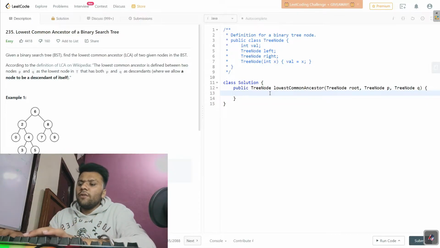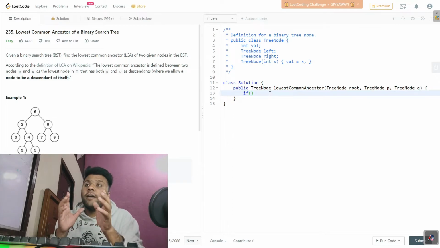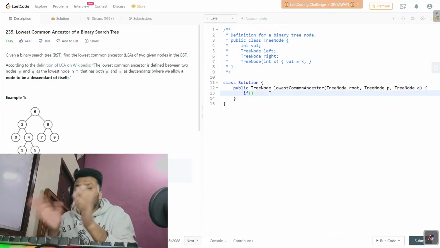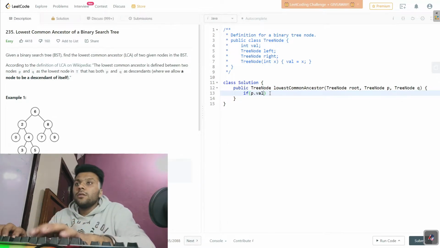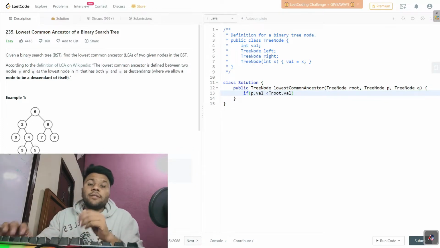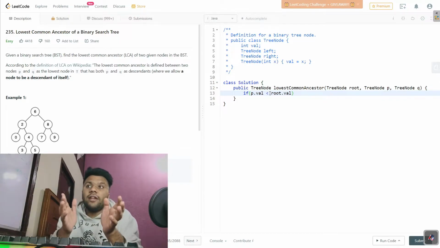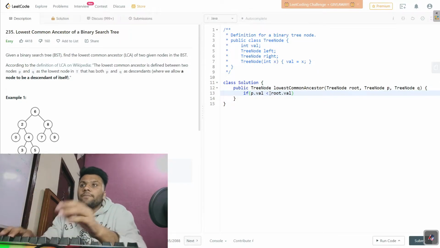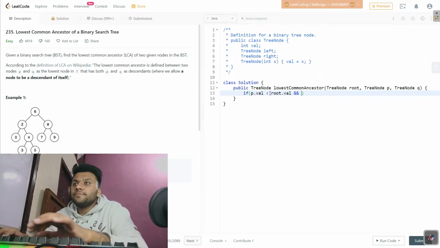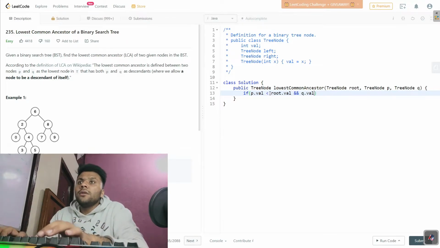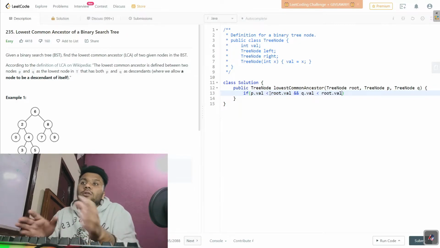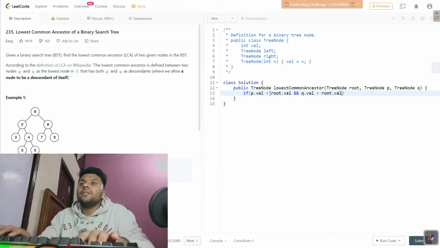First of all, I will say, if my p value is less than my root value, then what does this mean? It means the value might be present on the left. If the value is less, then we are talking about the left side, obviously. And if the q value is also less than the root value, then we are talking about the left side.